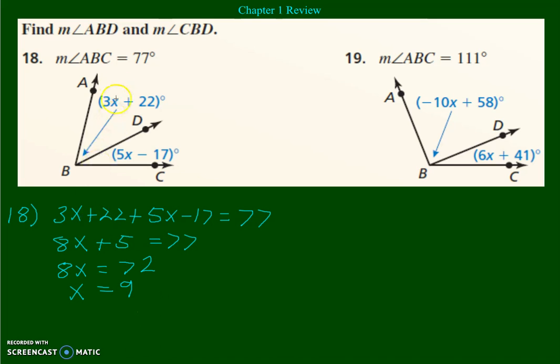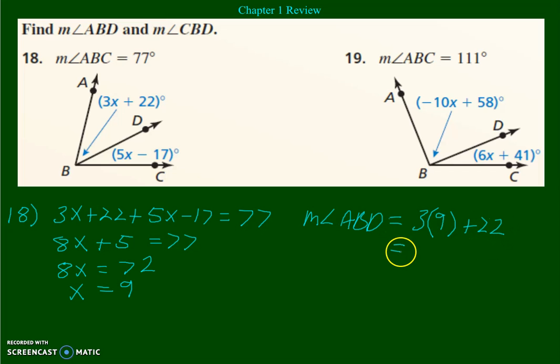So we're looking for a measure of ABD and CBD. So let's go ahead and plug x into the expression for ABD. So the measure of angle ABD equals 3 times x, which is 9, plus 22.